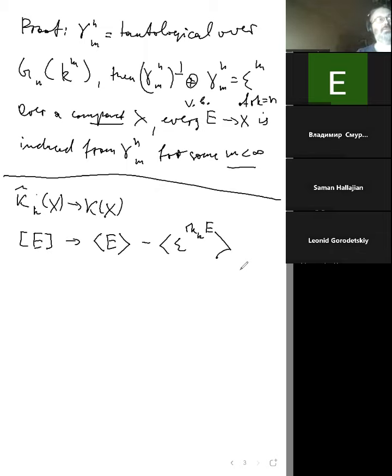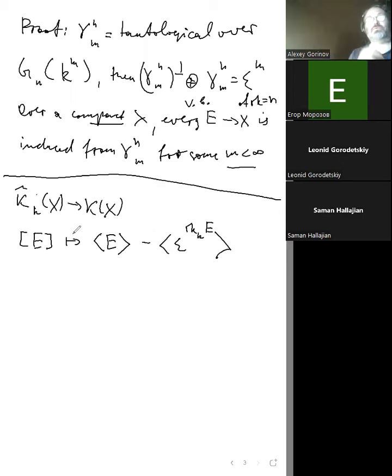And it's straightforward to see that if two bundles are stably equivalent, meaning if I add a copy of epsilon 1 to E, I get E plus epsilon 1 here, and epsilon blah blah blah plus 1 here, and this is the same element in the K group.